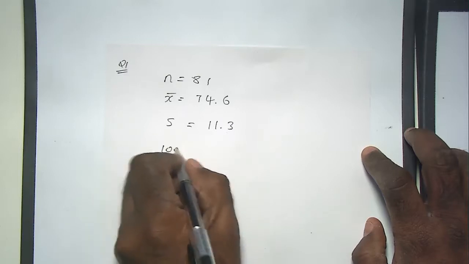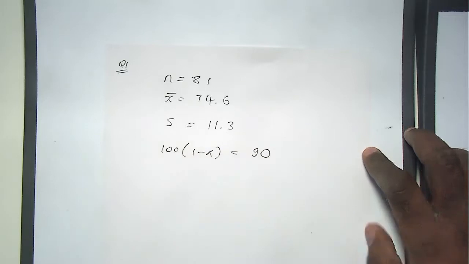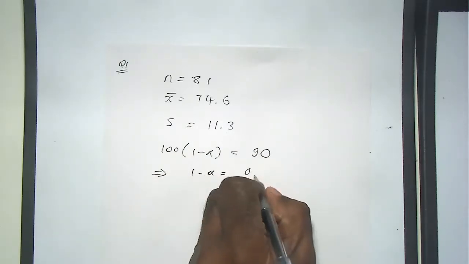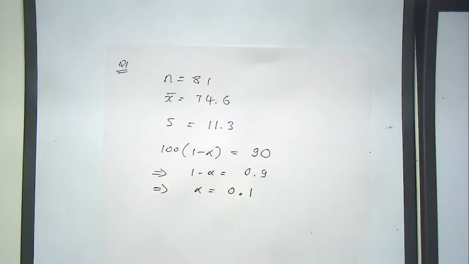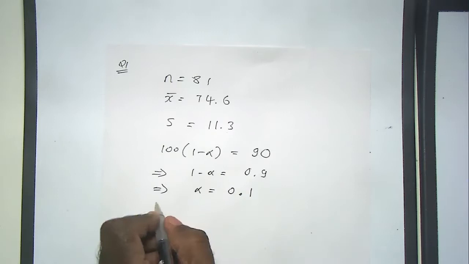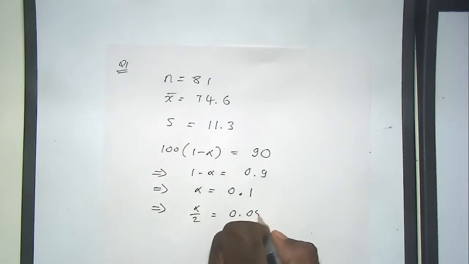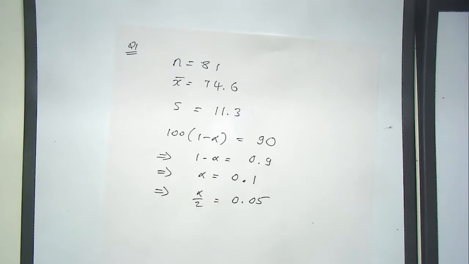So in other words, 100 times (1 minus alpha) is equal to 90, which implies that 1 minus alpha is 0.9, and therefore alpha is 0.1. So alpha by 2 is 0.05. You follow me? So 1 minus alpha by 2 is 0.95.